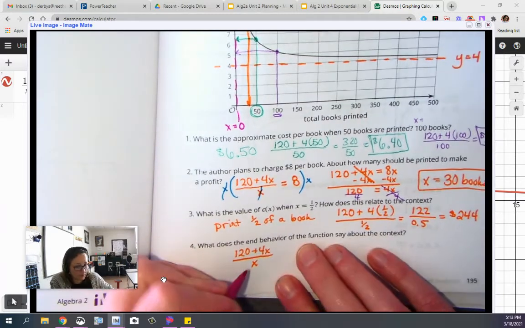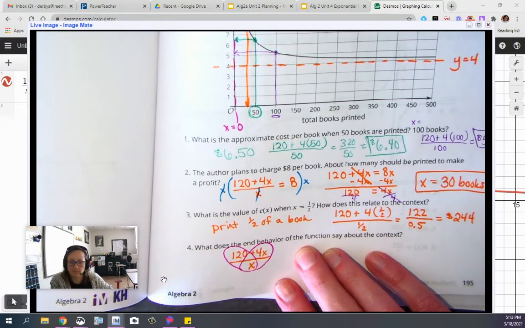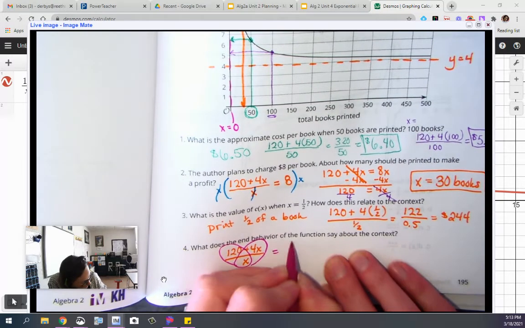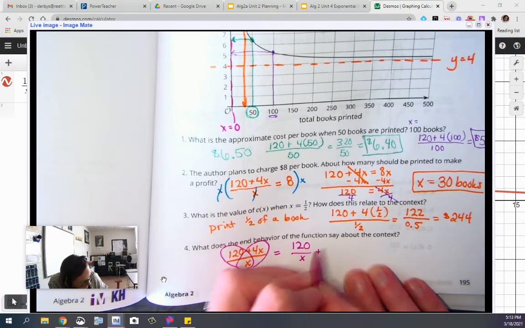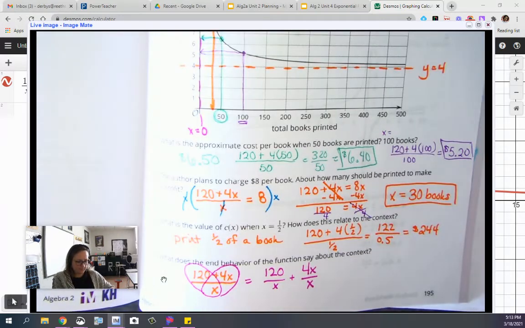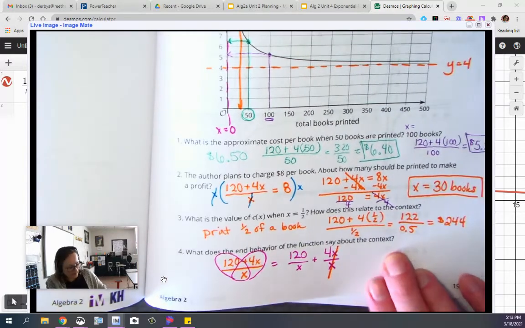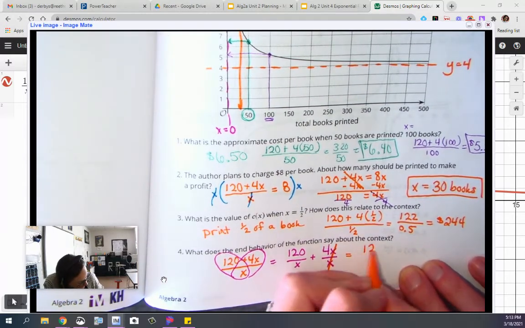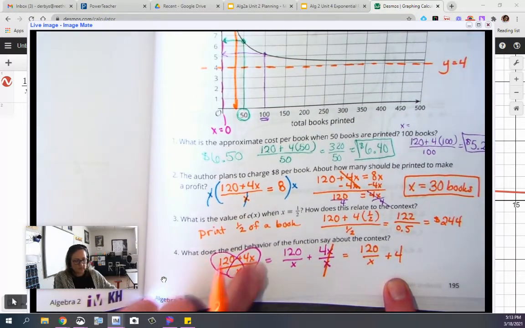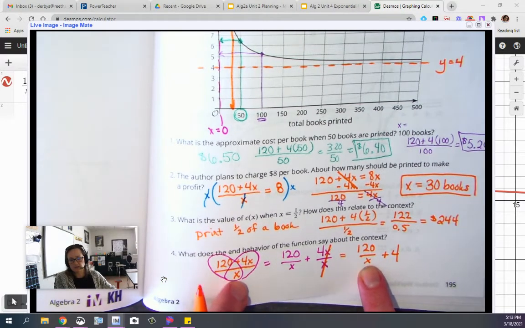I'm going to rip it apart into 2 fractions, so I need to give it a little bit of love first. 120 divided by x plus 4x over x. You see what can cancel out and what can simplify here? These x's multiplying by x and dividing by x. So x would go into this 4 times evenly with a remainder of 120 over our original divisor of x.